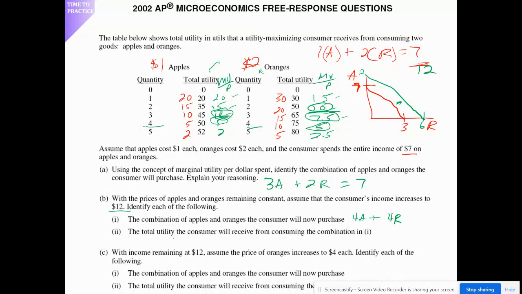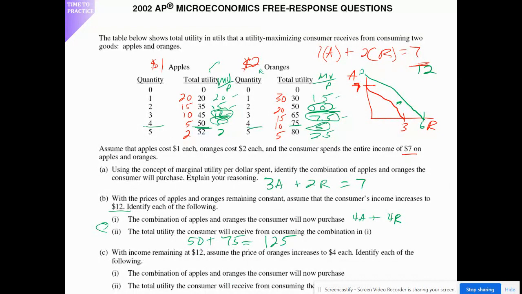Then it asks what the total utility would be at that point. Our total utility for apples was 50, plus our total utility of the fourth orange is 75. So our total utility of happiness would be 125.